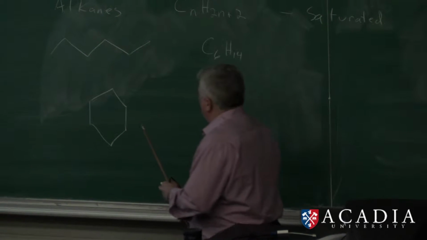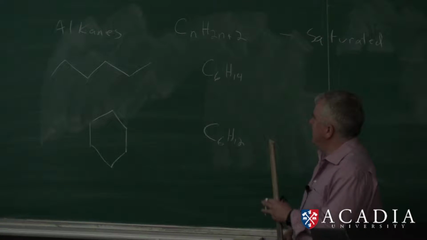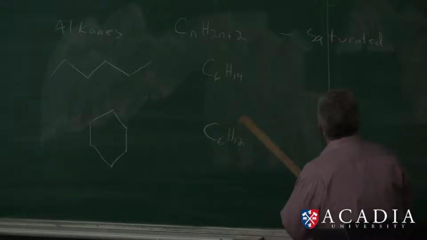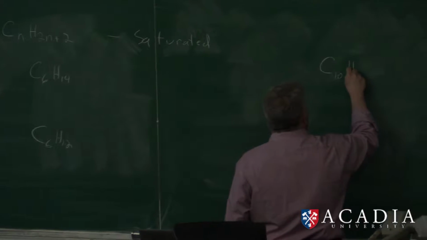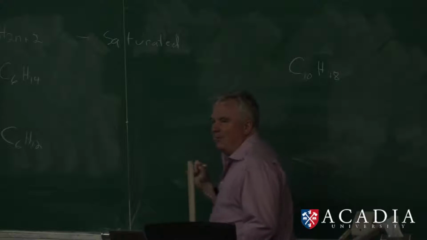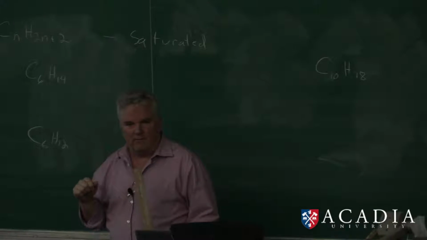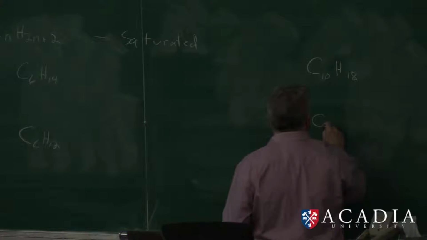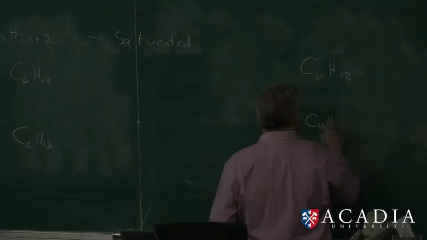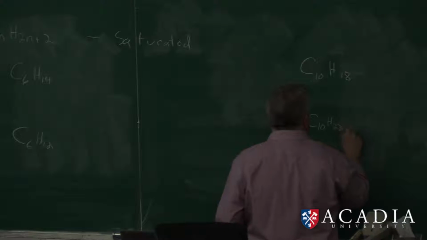So we can easily determine this number from this. If we have C10H18, how many hydrogens are missing from a saturated hydrocarbon? A saturated hydrocarbon would be C10H22.